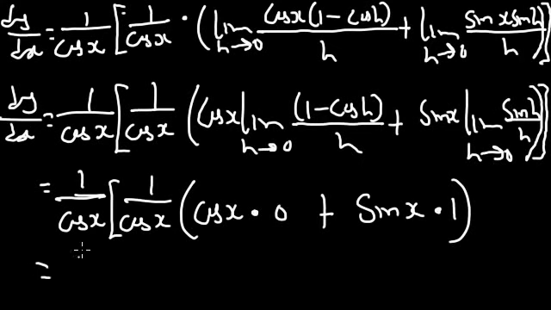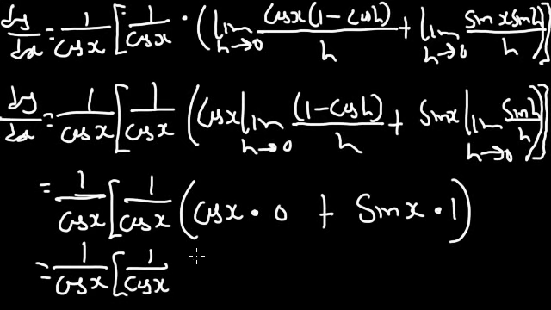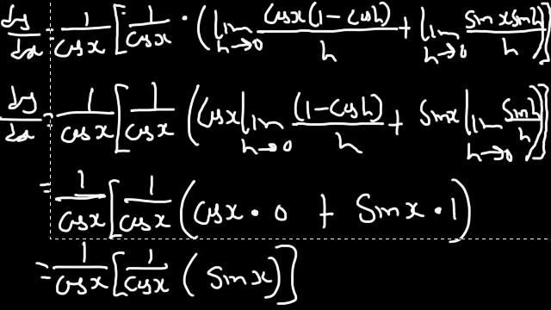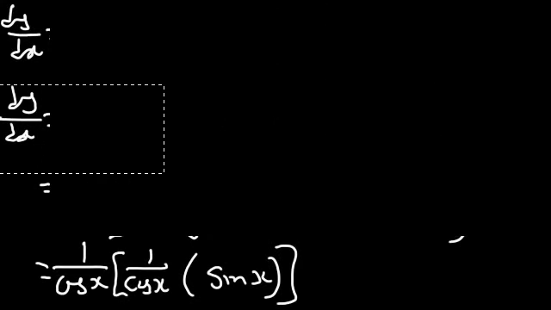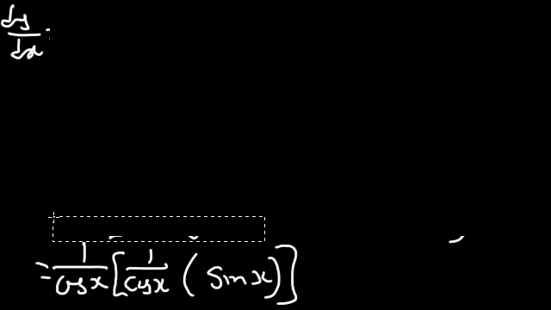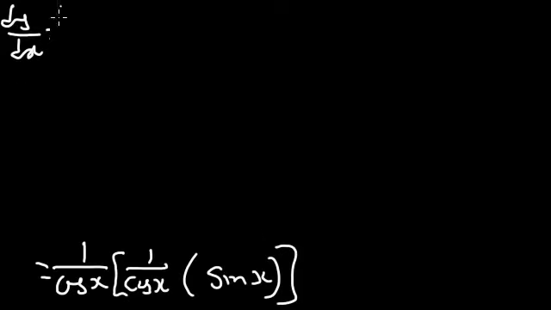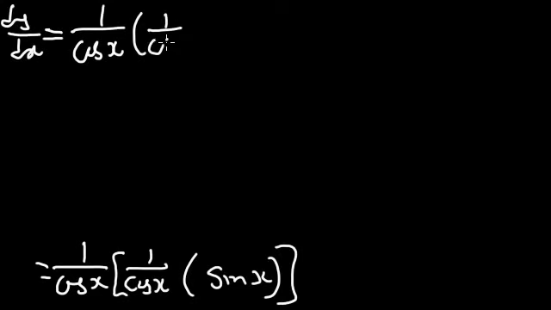Perfect. Now we have left 1 over cos x times 1 over cos x, then multiply by sine x. Okay, we're almost there. So therefore dy/dx is now equal to 1 over cos x times 1 over cos x times sine x.